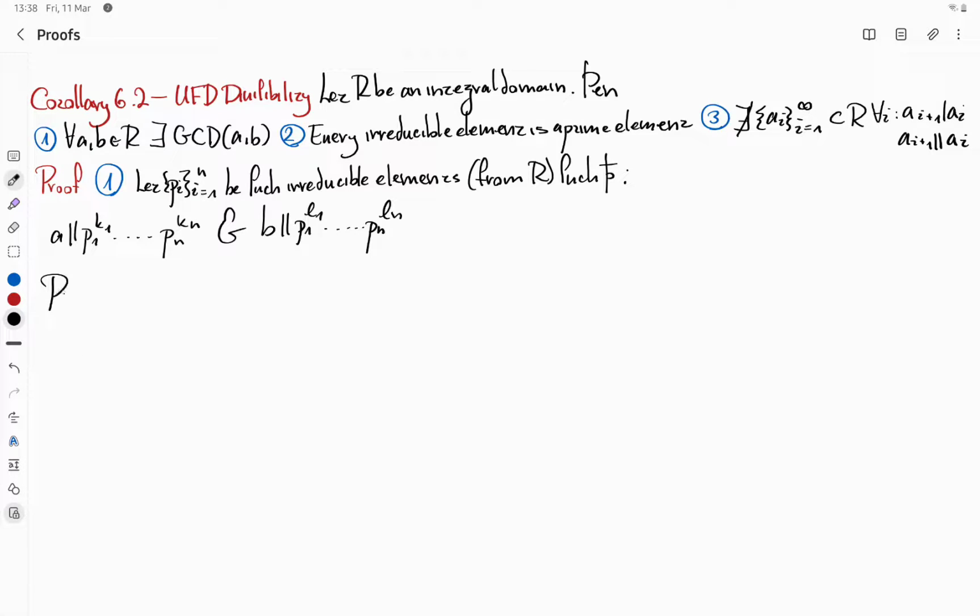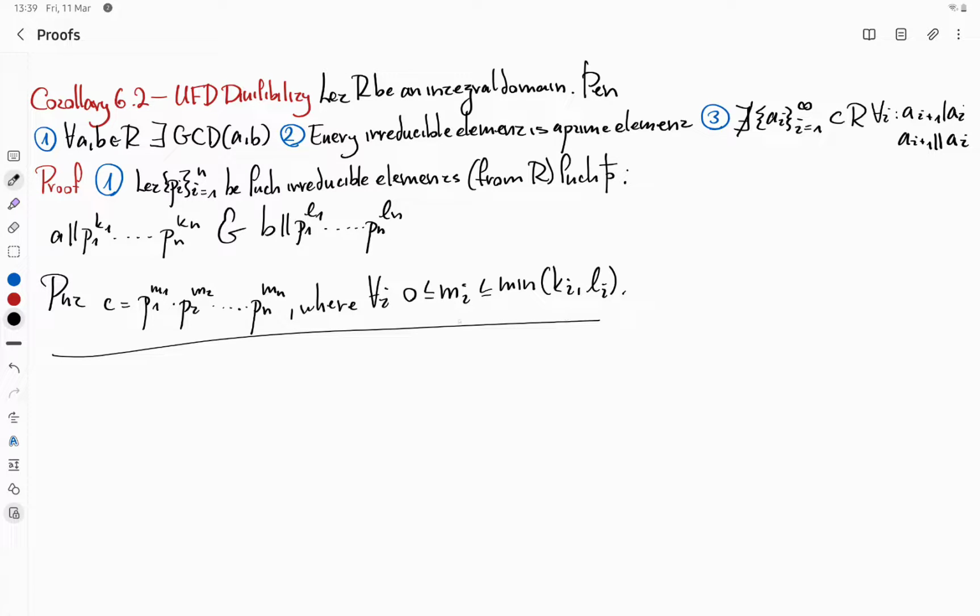Now put c equal to p1^m1 times p2^m2, and continue all the way to pn^mn, where for all i, m_i is a non-negative integer not greater than the smaller of the two corresponding exponents k_i and l_i.